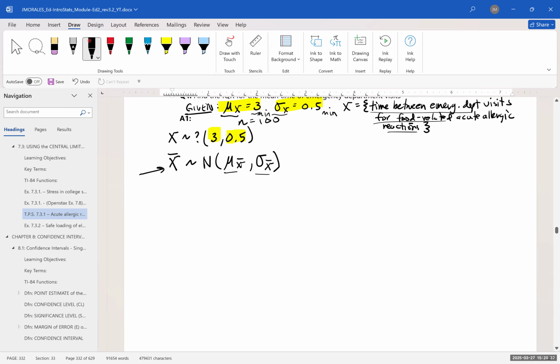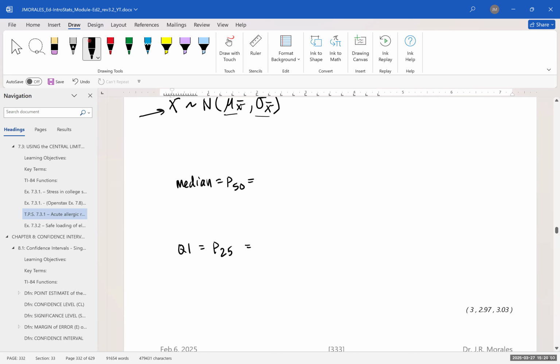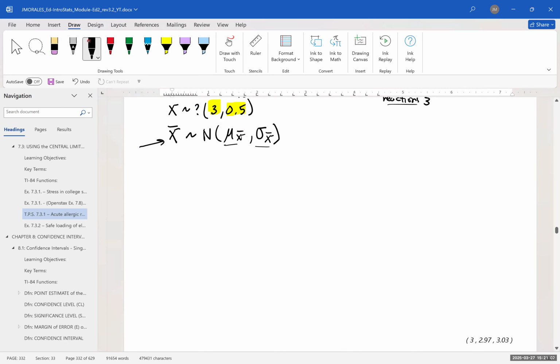The median, for example, is the 50th percentile, and the first quartile is the 25th percentile, and I'm running out of room. Let's do it this way, because I want to have some room at the top. Median, which is the 50th percentile.